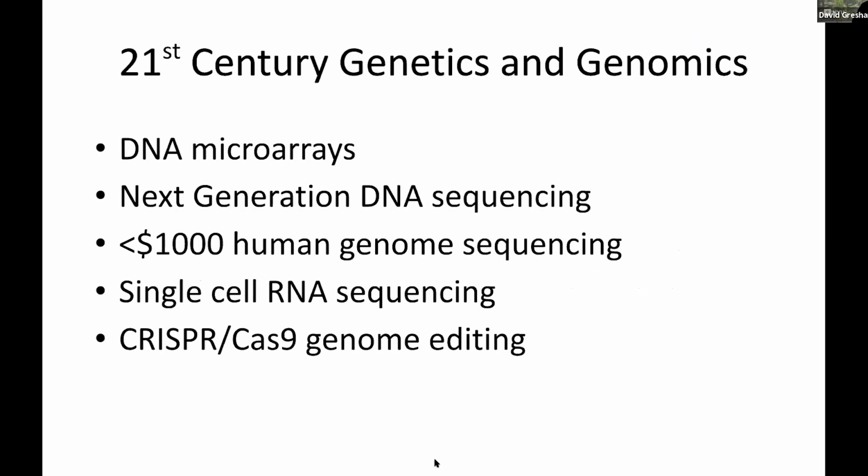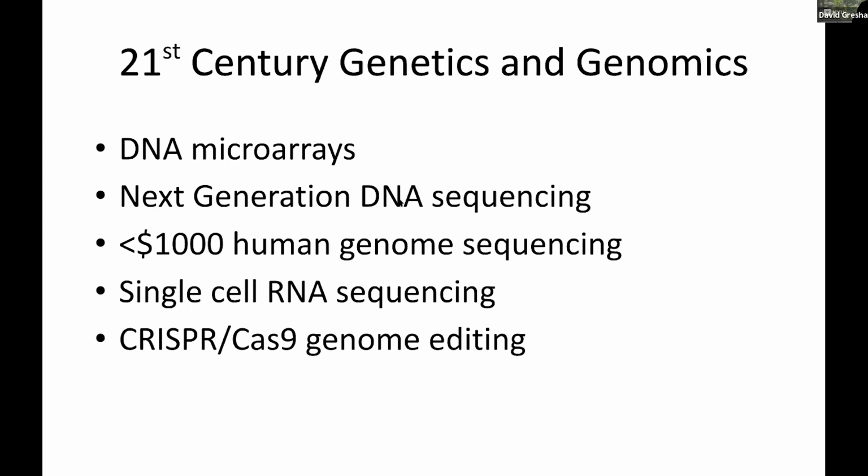Methods were developed for interrogating the genome using hybridization technology and DNA microarrays. They lasted for about a decade before new methods for DNA sequencing emerged, which we refer to as next generation sequencing. And this has propelled advances in characterizing genomic variation.